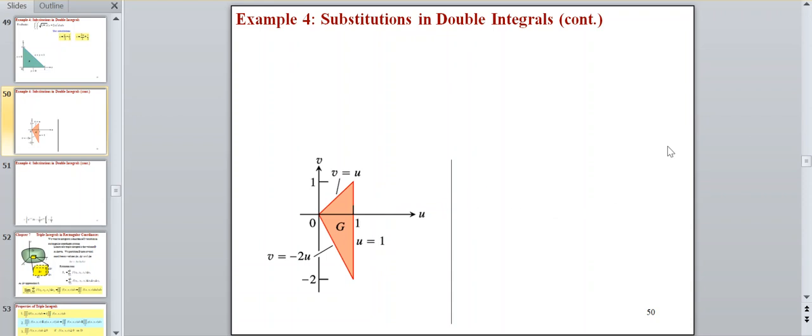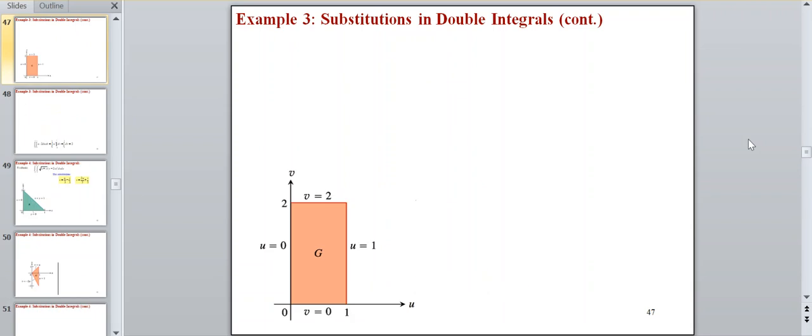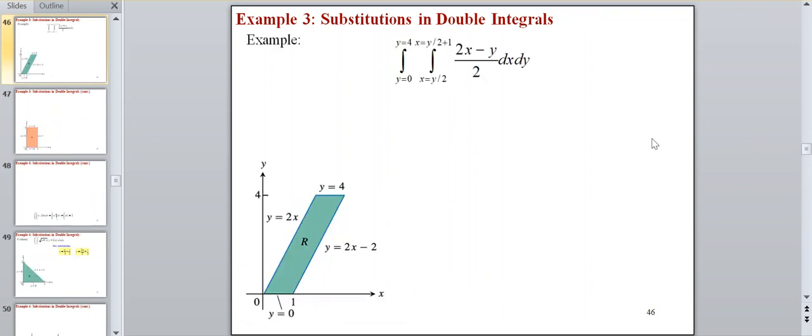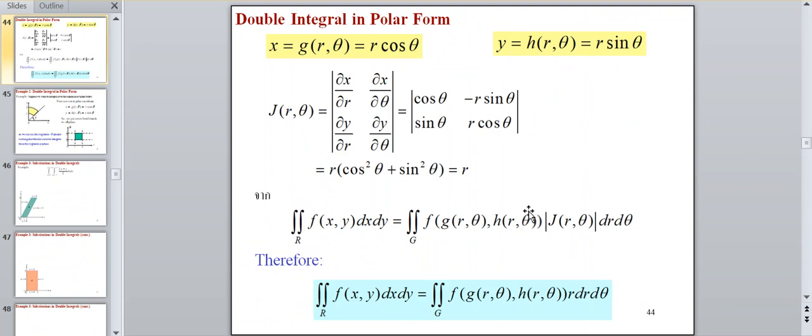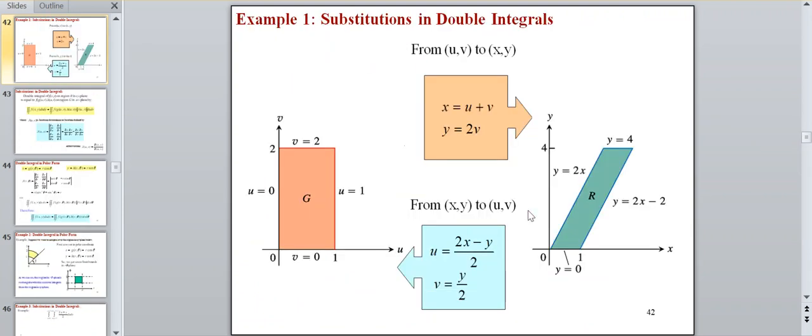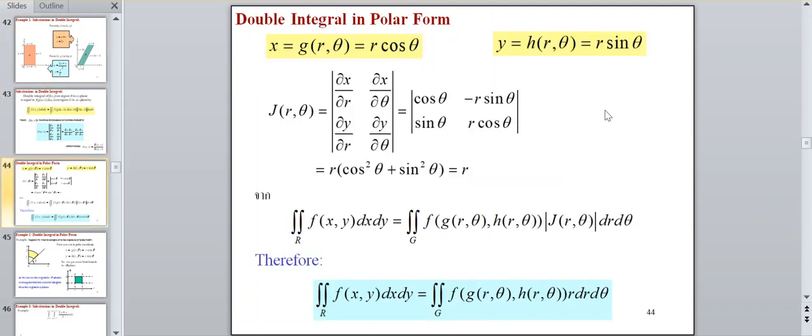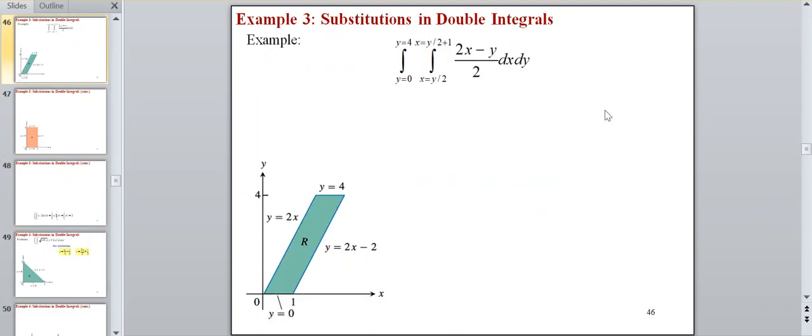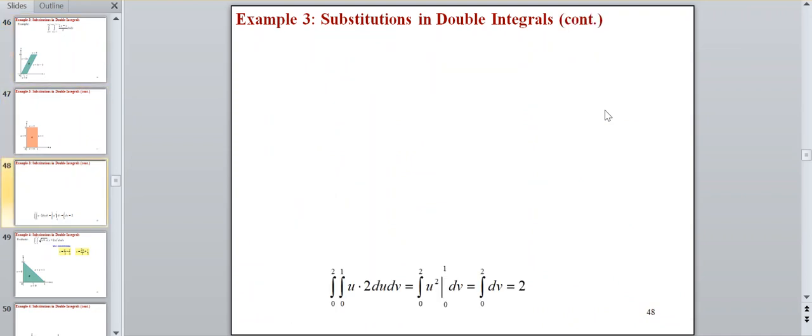And for your exercise, look at here. Previously we had another example on page 46, where we used these two substitutions, x equals u plus v and y equals 2v, to calculate this integral, and we got the answer here too.